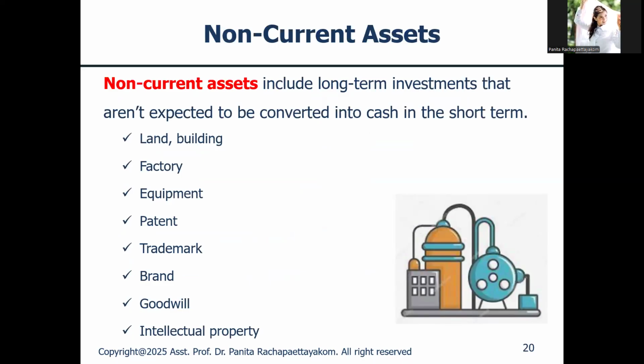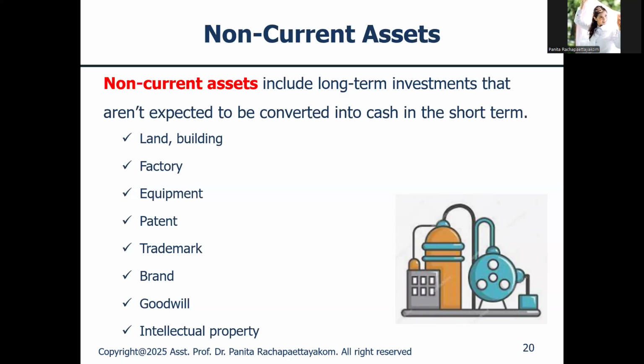Shall we move to the non-current assets? The non-current assets on slide number 20 include long-term investments or fixed assets that cannot be converted into cash within 1 year. The keyword is that they cannot be converted into cash in the short term, within 1 year.